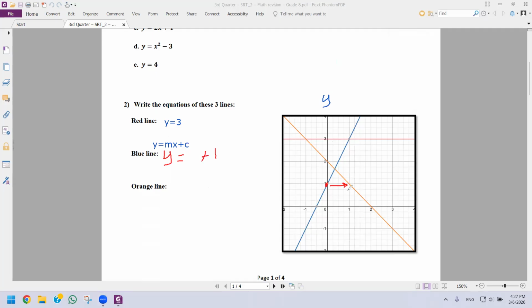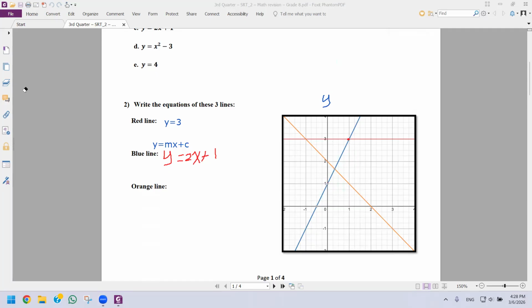My line is up. Let's check how many steps I need to go up to reach the line. It's 2 steps, which means this is the slope. So m is equal to 2. So we write here 2x. So the equation of the blue line is y equals to 2x plus 1.